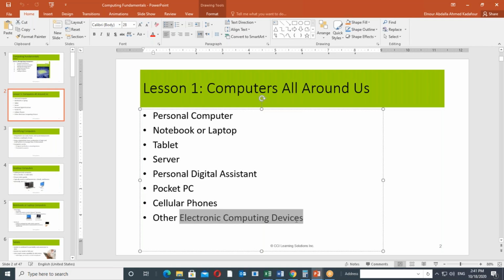So everything using electricity could be called a computer. I'm waiting for an answer. This is a question. Everything connected to electricity could be called a computer.